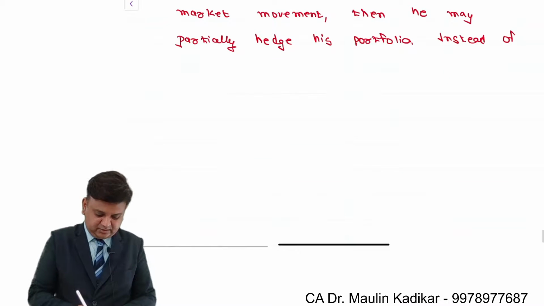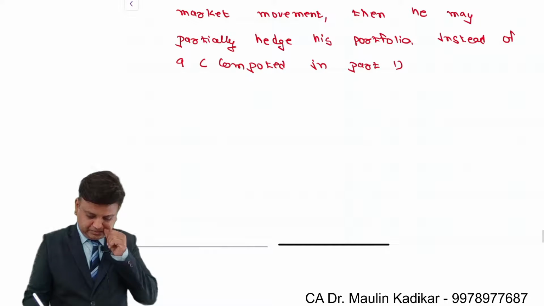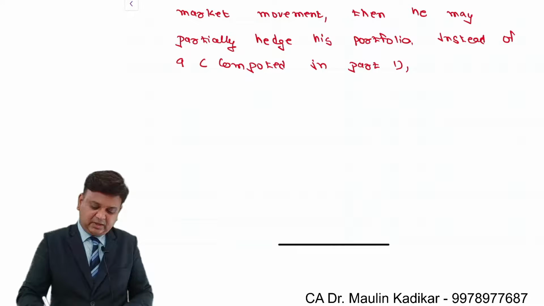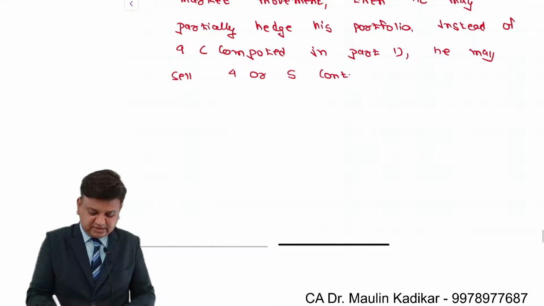Instead of 9 (in brackets, computed in part 1), he may sell 4 or 5 contracts.